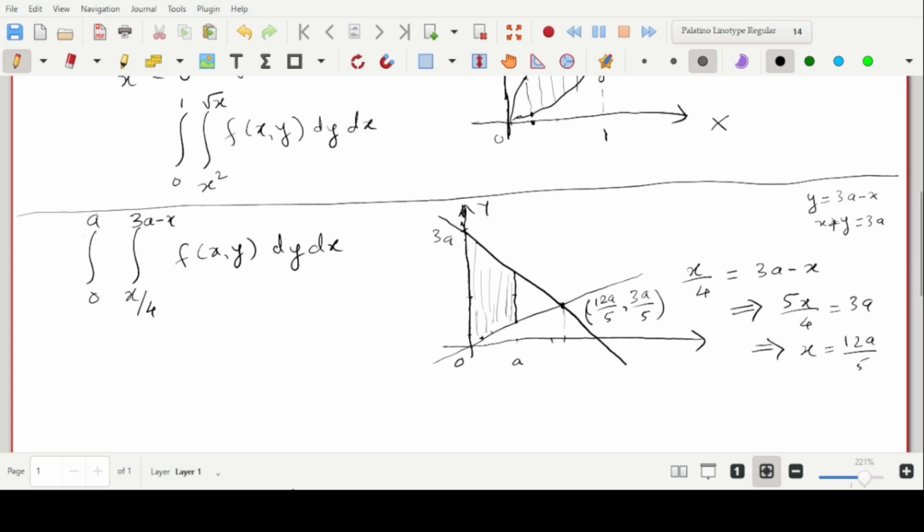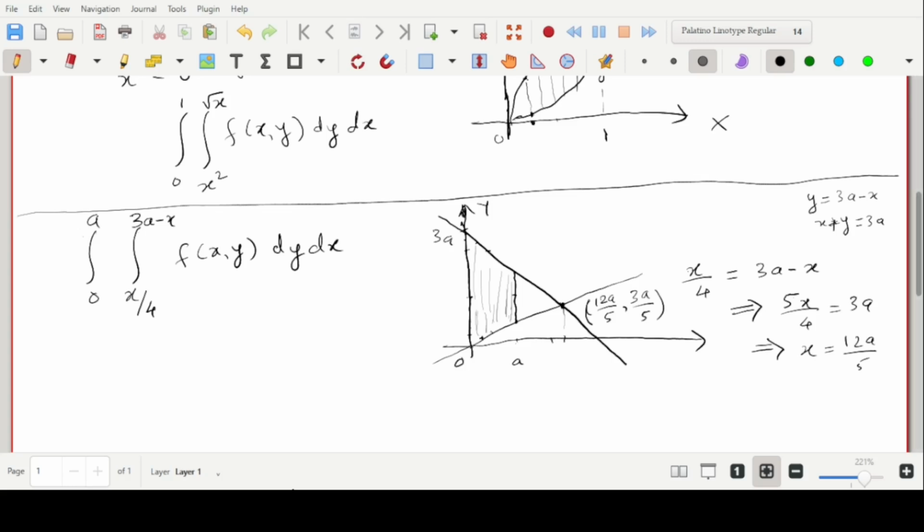Here in this part, x lies from 0 to the point on this line. So you can clearly see that there are 3 different cases over here. So we shall have to divide this trapezium into 3 regions, and then compute the integral.